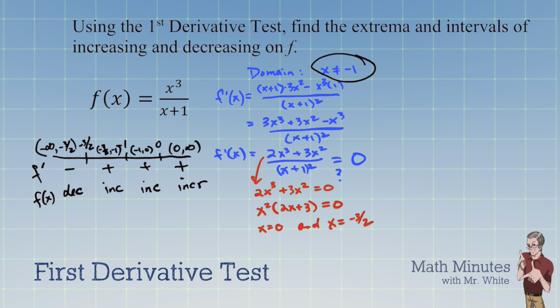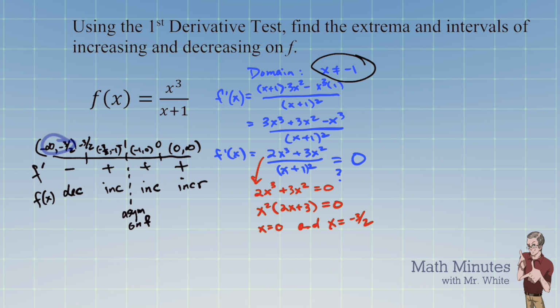Okay. Now remember, right here was our asymptote, we know. There's an asymptote on F. So our function is decreasing, and then it's right at -3/2. It starts to increase, but we have an asymptote, okay?